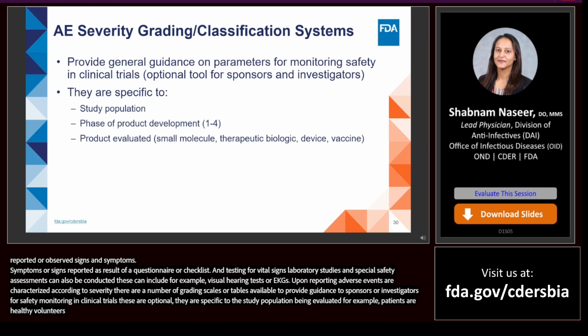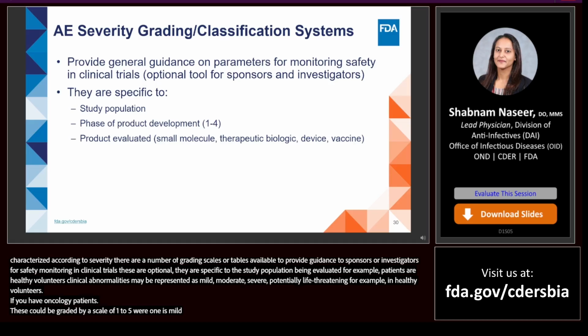Clinical abnormalities may be represented as either mild, moderate, severe, potentially life-threatening, for example, in healthy volunteers. If you have oncology patients, AEs could be graded by a scale of 1 through 5, where 1 is mild symptoms to grade 5, which is death related to an AE. So again, they're specific to the study population.